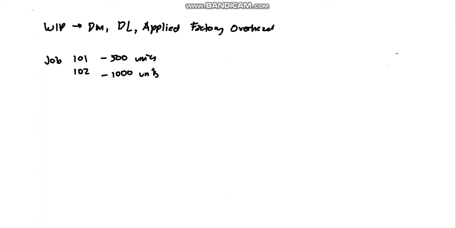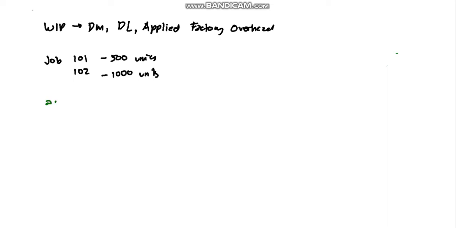Using the data that we have previously used, we now determine the balance on the job cost sheets for jobs 101 and 102 at the end of March, and the cost per unit for each job at the end of March. So let's answer A first.